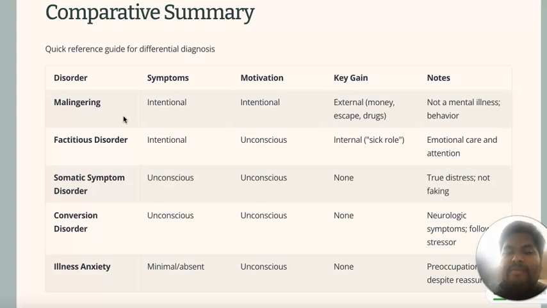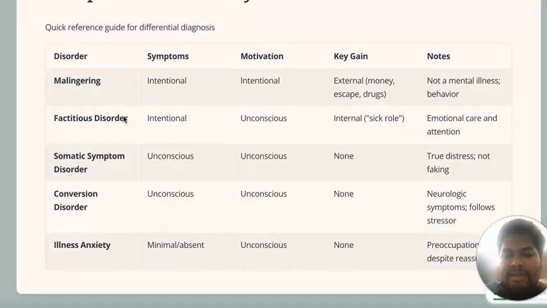In factitious disorder, in fact, they want love, sympathy, something like that from the doctors. So the gain is internal. They don't have conscious motivation, so that's unconscious, but the symptoms they really created. So that's intentional.